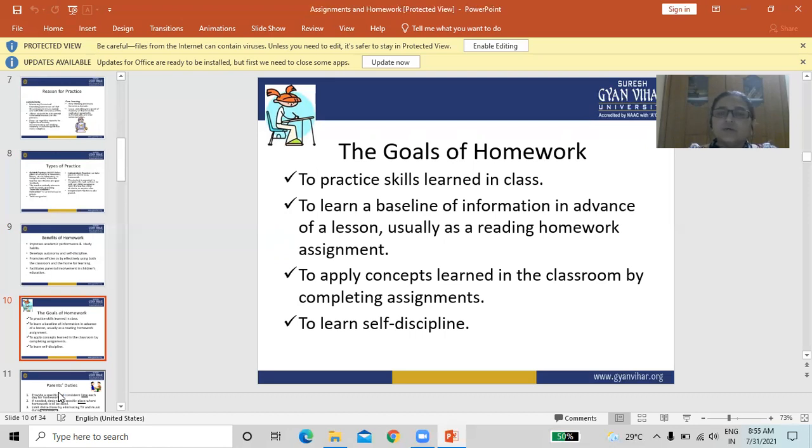These are the main goals of homework and assignment.